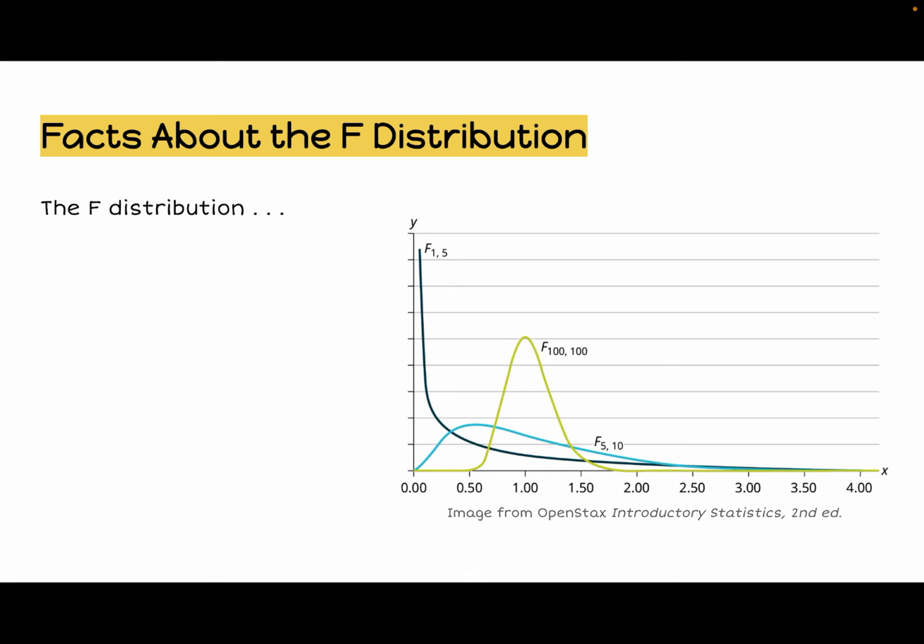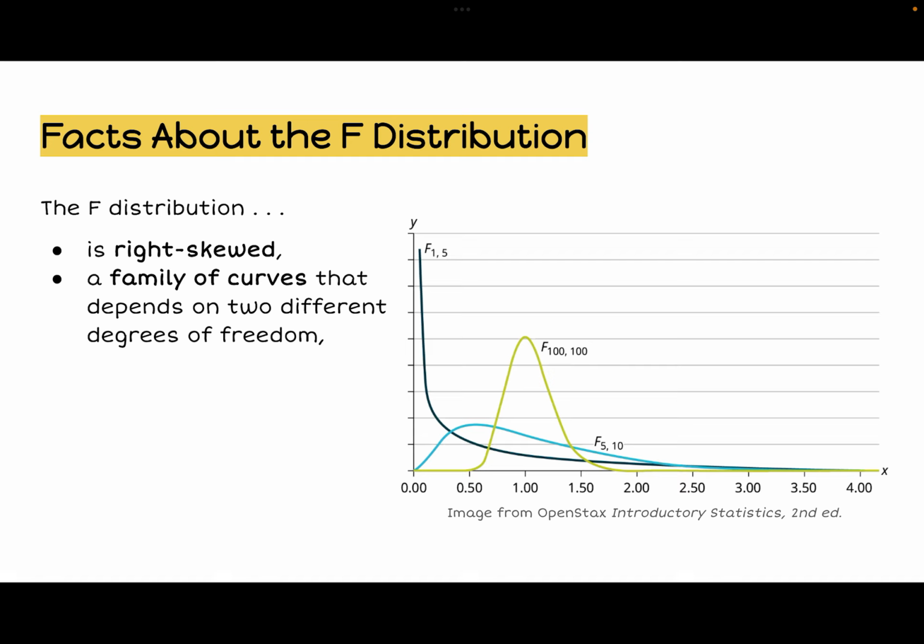This picture looks an awful lot like the chi-squared picture. You'll notice that the graph starts at 0 and goes to the right, meaning it has a minimum value of 0. We can also see that this distribution's skewed just by looking at the picture. So we know this distribution is going to be right skewed. The mean is further to the right than the median.